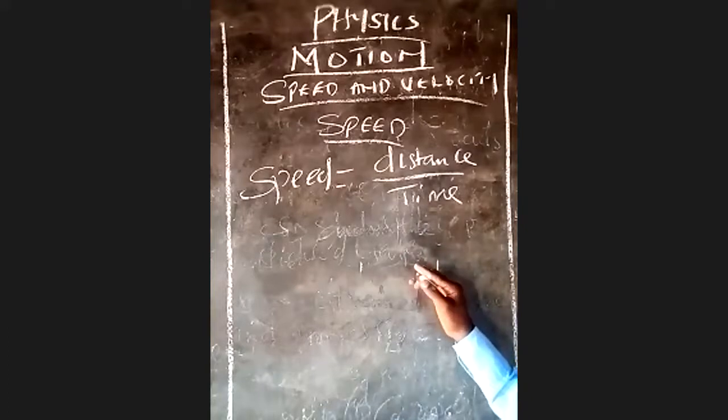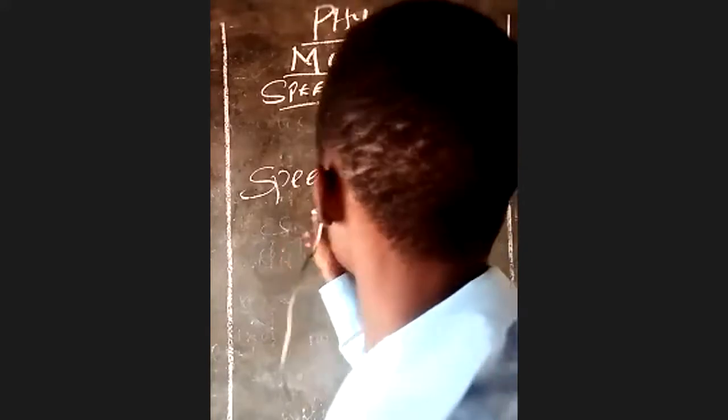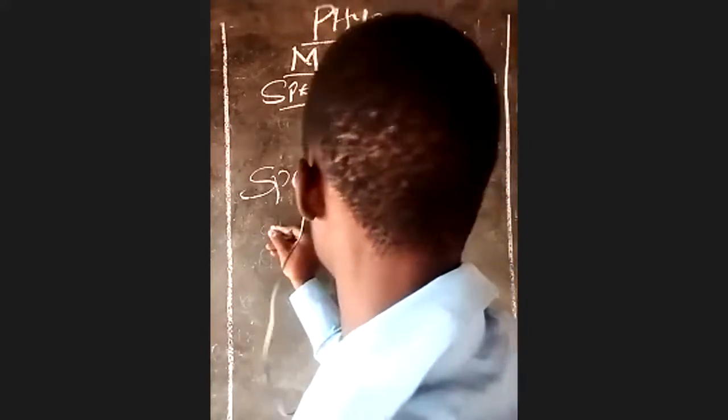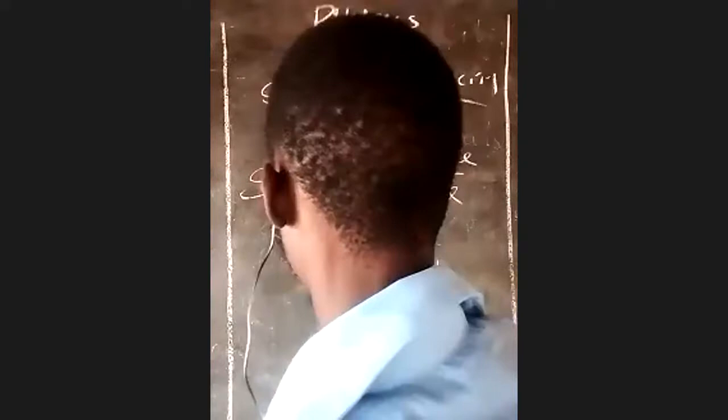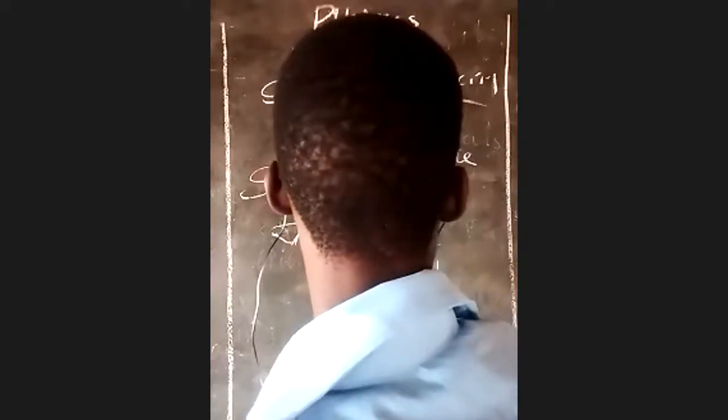Now sometimes the average speed, average velocity, is equal to distance all over time.